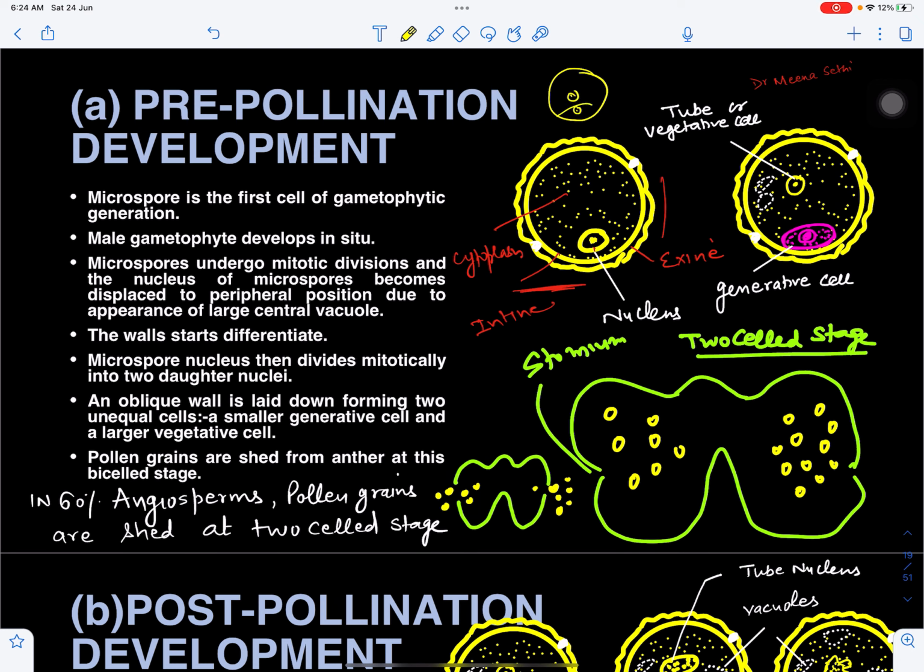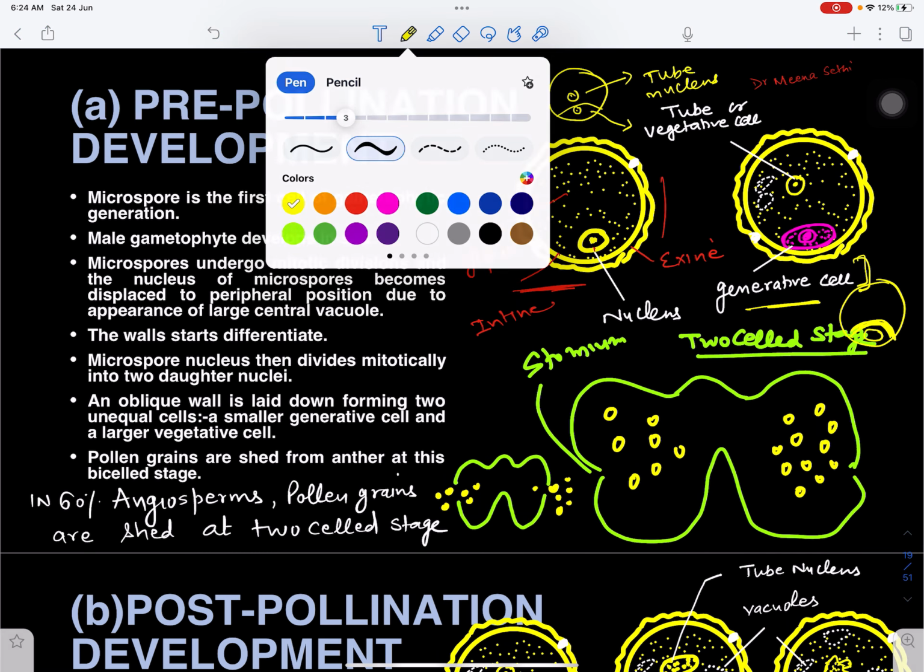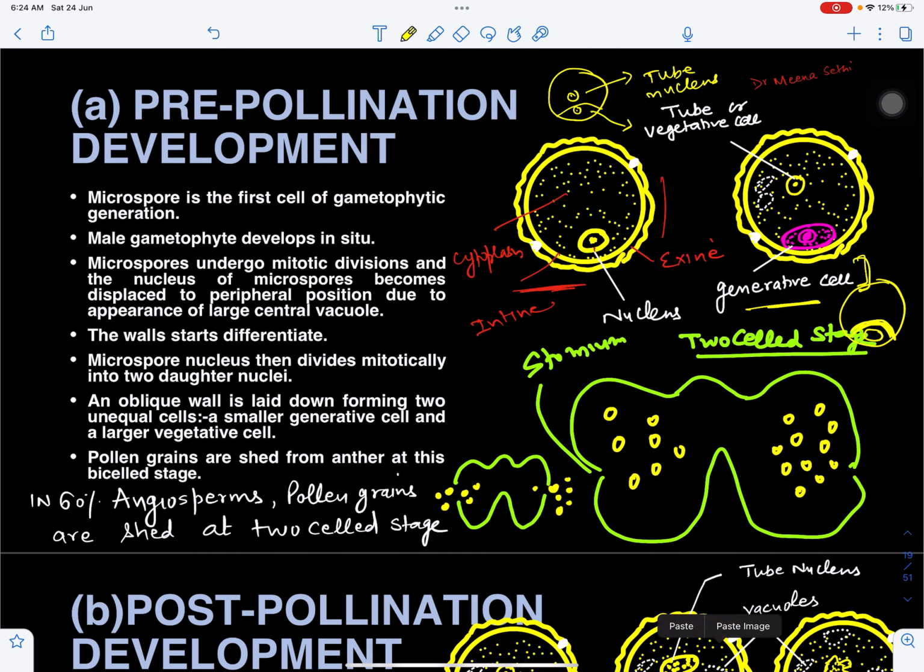Then wall formation will occur, and this is called tube nucleus or vegetative nucleus, and this is called generative cell. So here in the pollen grain, we will see generative cell will be separated from the other cytoplasm like this. This generative cell is going to form the male gametophyte. So this is two cell stage, when only two nuclei have been produced.